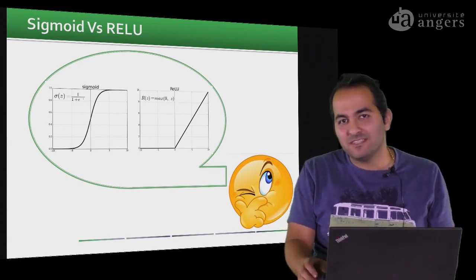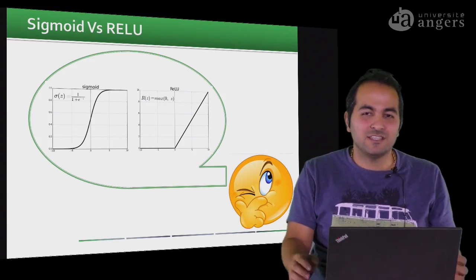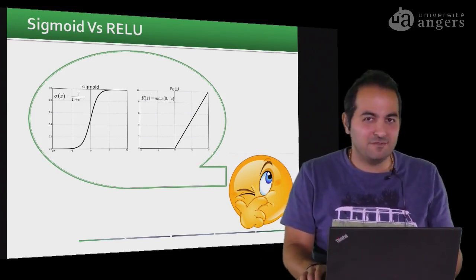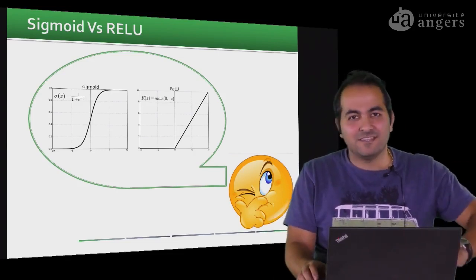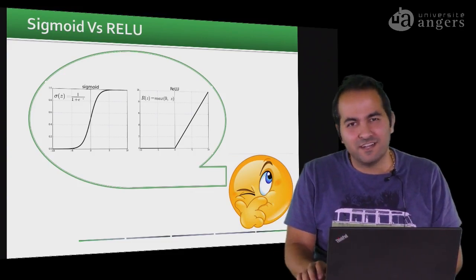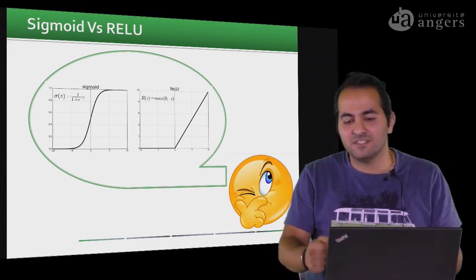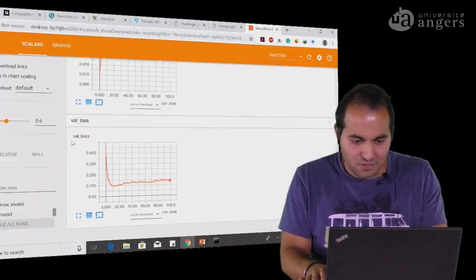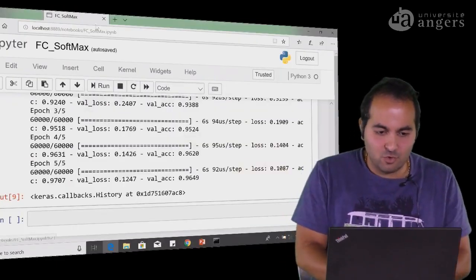Because biologists said that the brain works similarly to the ReLU function compared with the sigmoid. So it was the first inspiration for using ReLU, and in practice we also see that it's helpful.